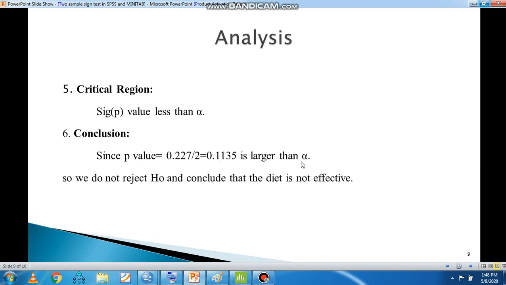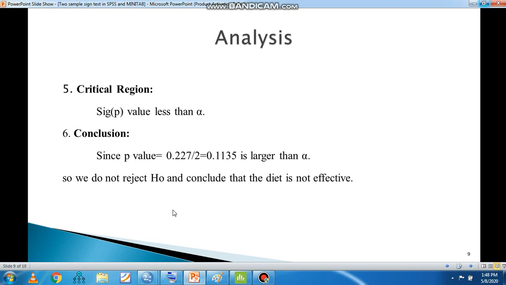It is compared with the alpha value, which is 0.05. Since 0.1135 is greater than 0.05, we do not reject H naught and conclude that the diet is not effective. This is how we perform the two sample sign test or paired sign test in SPSS and Minitab.